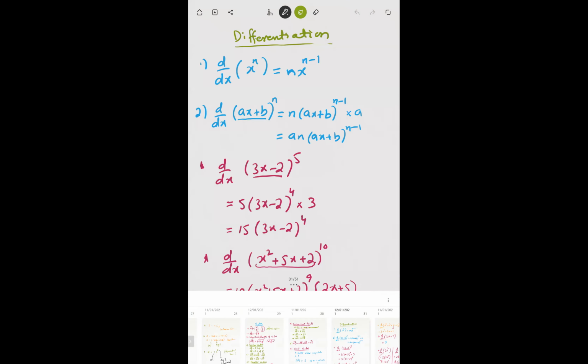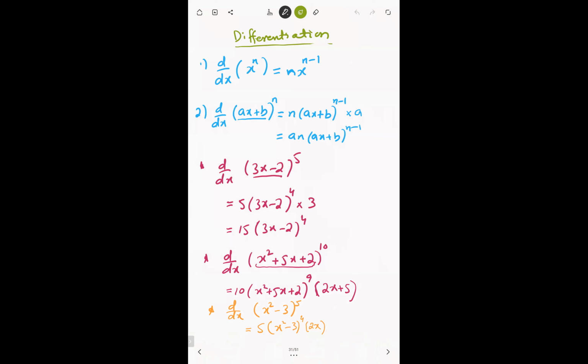The first rule is, if you want to differentiate x raised to power n, its differentiation is n x raised to power n minus 1. Meaning the power will become the coefficient and you subtract 1 from the power.